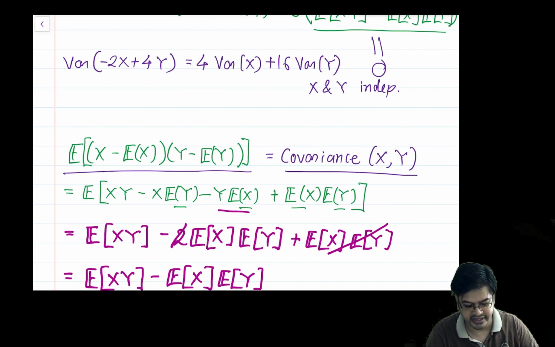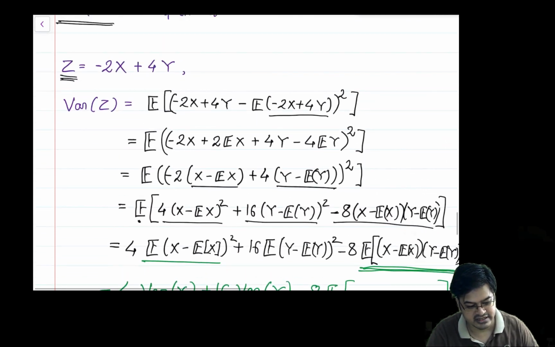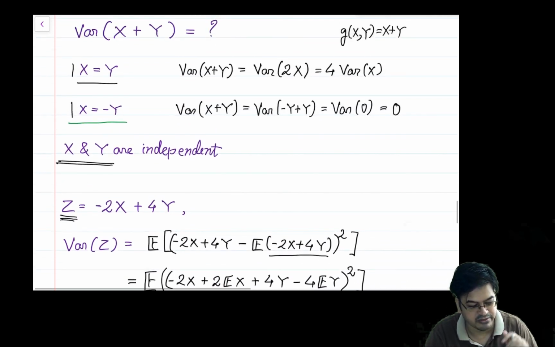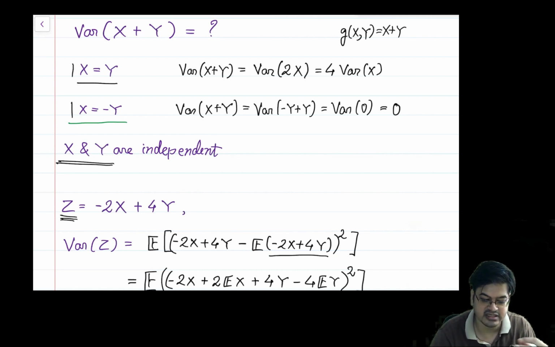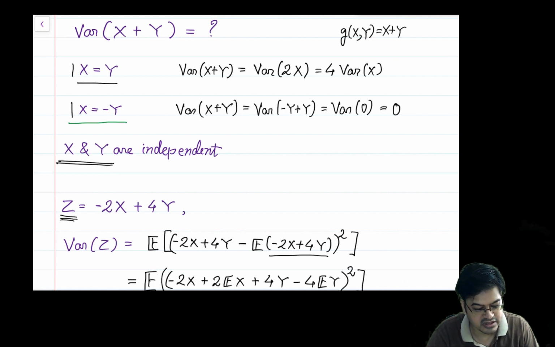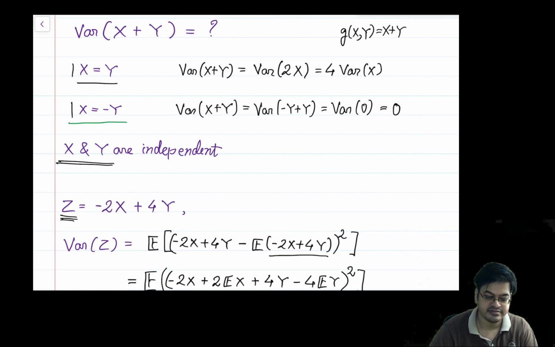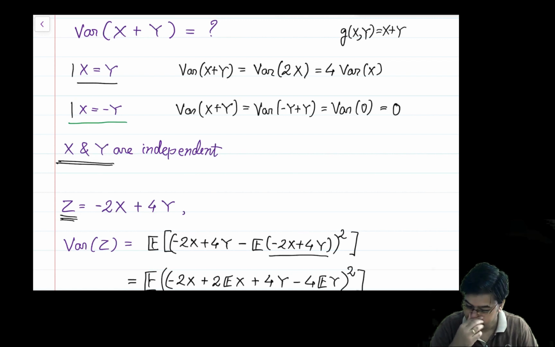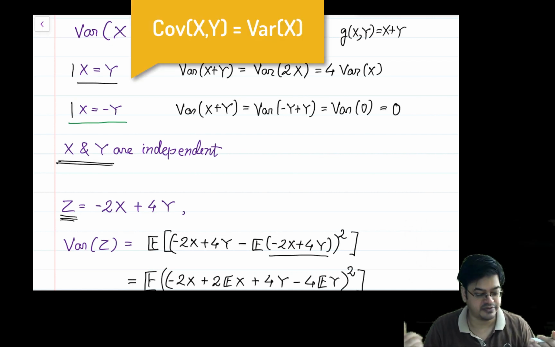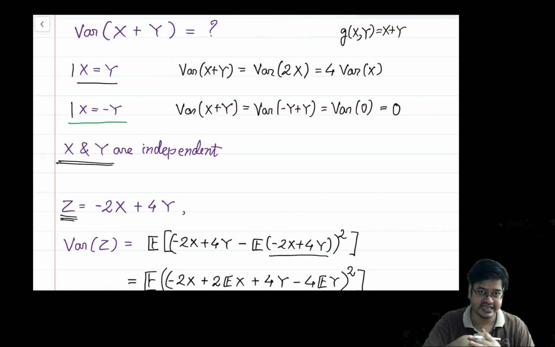Now let us bring in the notion of x is equal to y and x is equal to minus y. These are the cases of extreme dependence. If I look at the covariance of xy, when x is actually equal to y, it will be like x, therefore it will be 4 times variance of x. When x is equal to minus y, we are actually cancelling off.